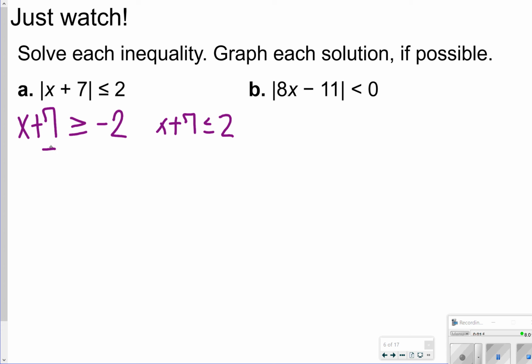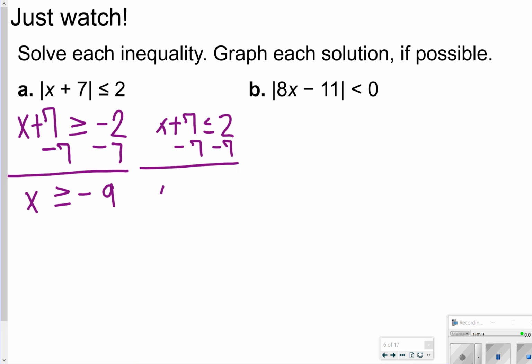I'm going to go ahead and solve both of these. So I'm going to subtract 7. For this one, I'm going to get x is greater than or equal to negative 9. And then over here, I'm going to get x is less than or equal to negative 5. We are going to graph it to see if it overlaps. So here's negative 9 and here's negative 5.